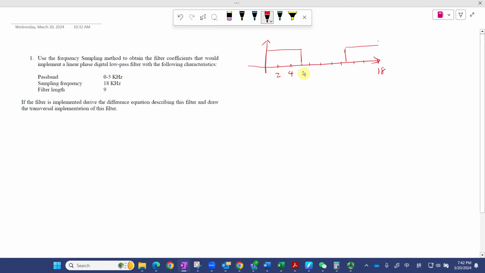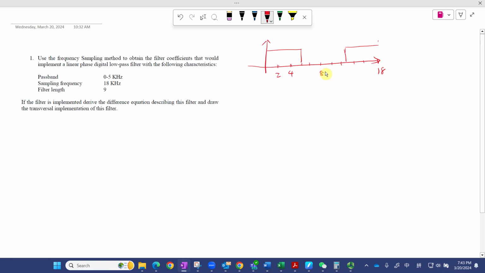Let me write it down. Sorry, something wrong here. So 18, right? Because the sampling frequency is 18, the frequency domain representation will be mirrored, symmetrical against 9.